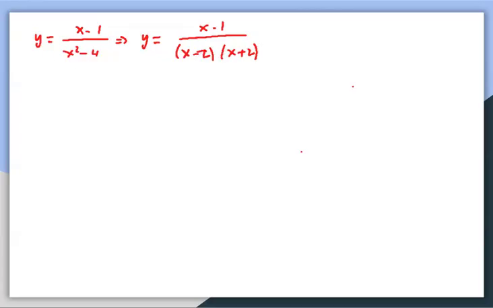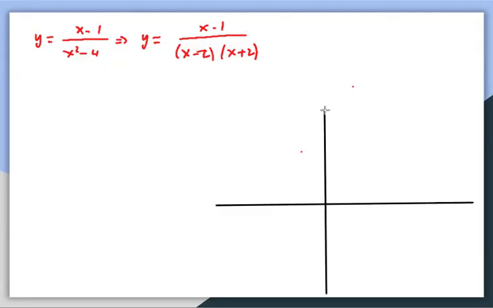If you are not convinced, this is what we have, and I'm going to draw our axes, even though I don't have much information yet. So let's try something like here. Okay, so now we do have the simplest version.